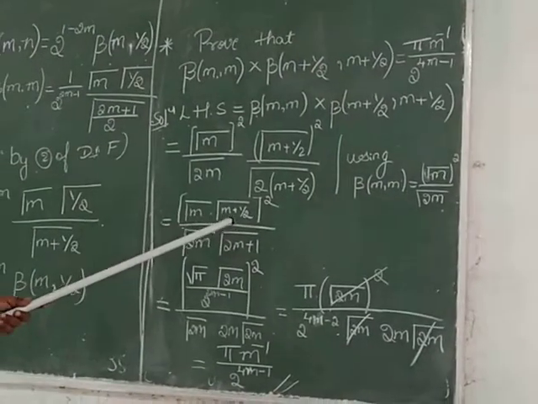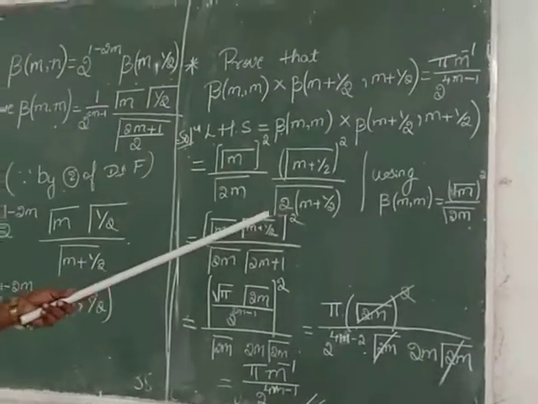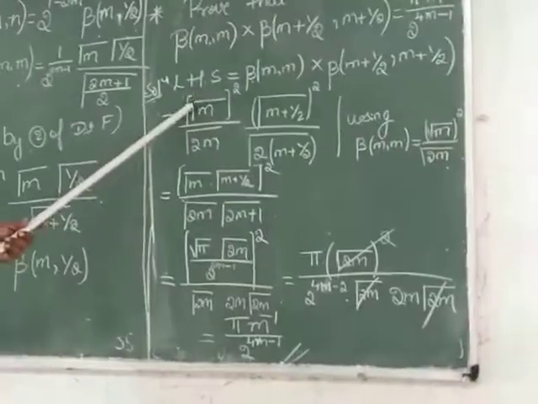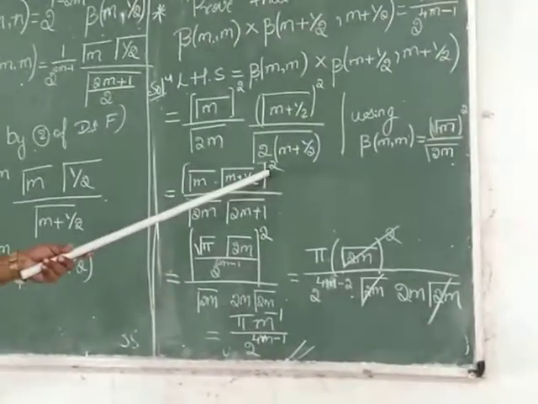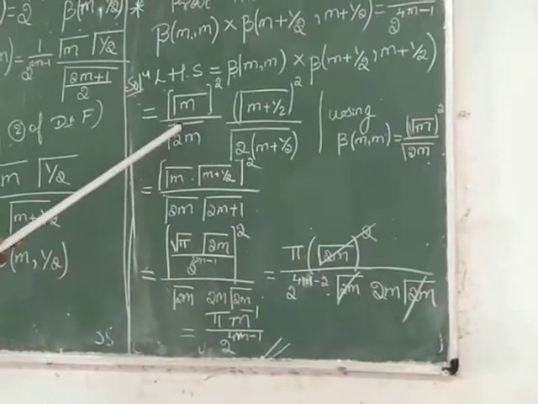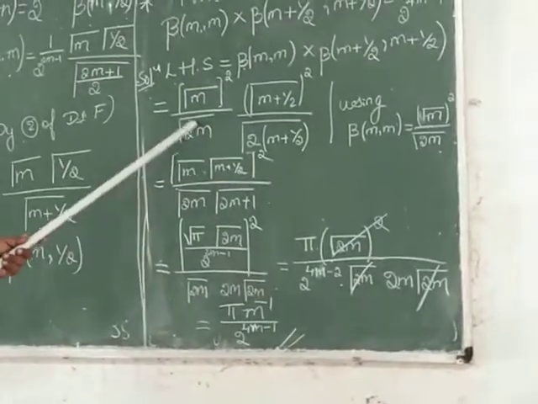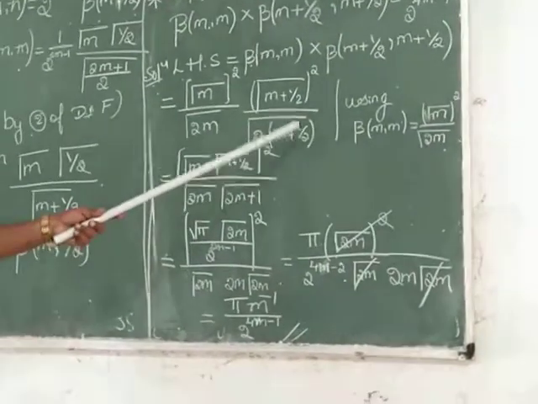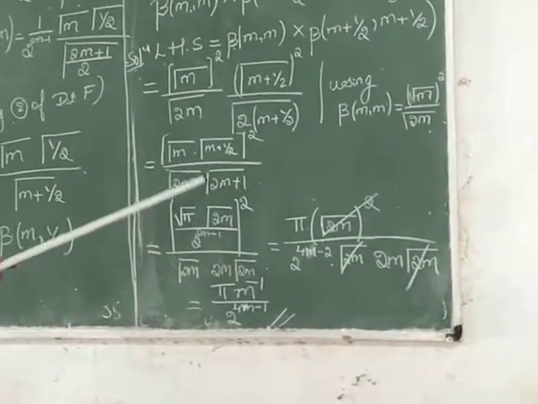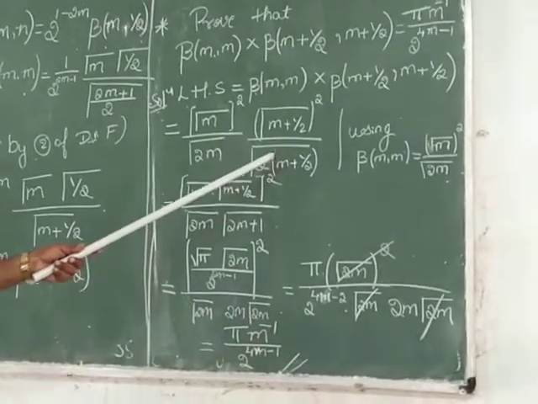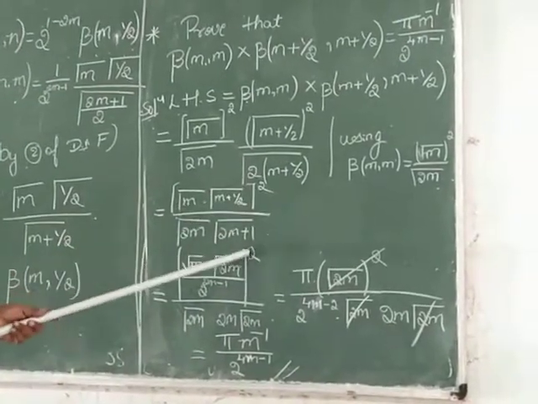And now you can include all of these within a bracket. This is gamma m into gamma of m plus half whole square divided by gamma 2m into gamma of 2m plus 1, because 2 times m plus half is 2m plus 1.